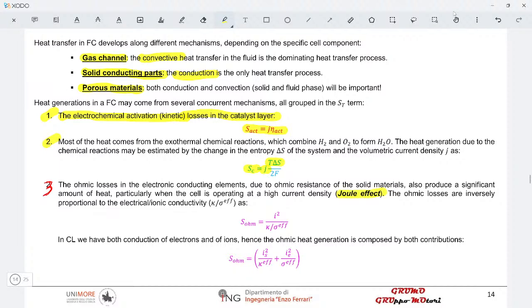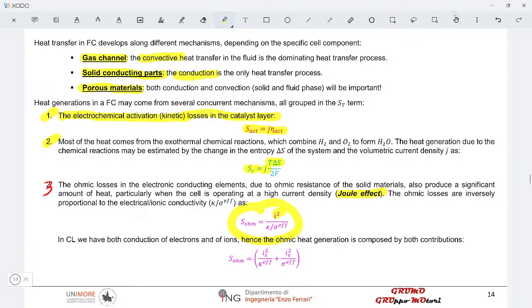And we can introduce this as an additional source term, which can be represented here. So the current density squared, so this is much more than linear. We have a power of 2 related to the current density.